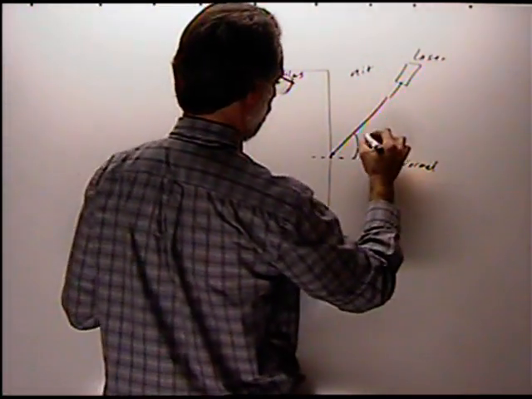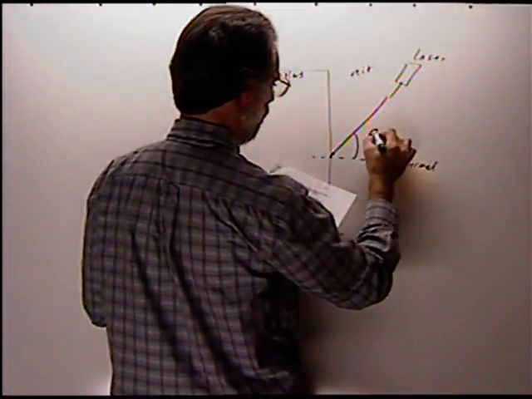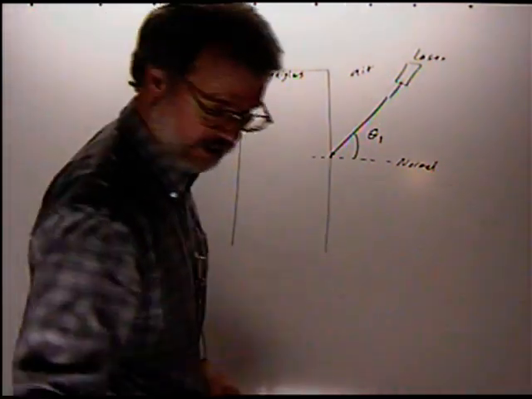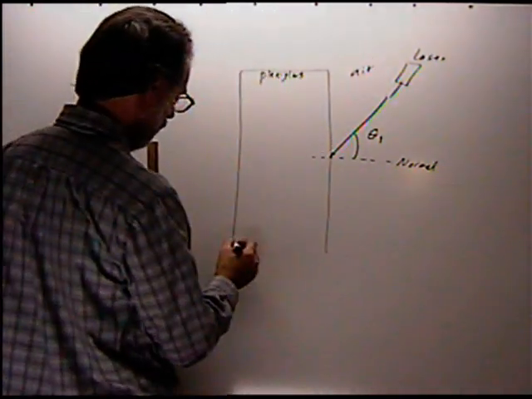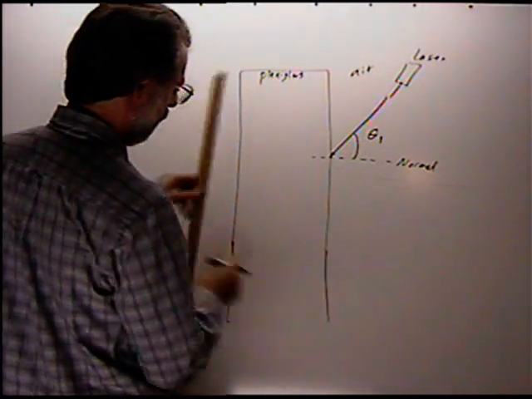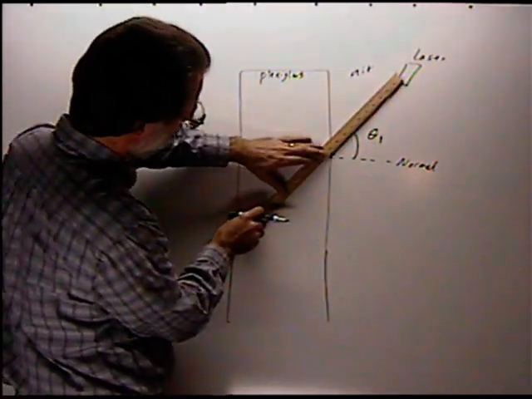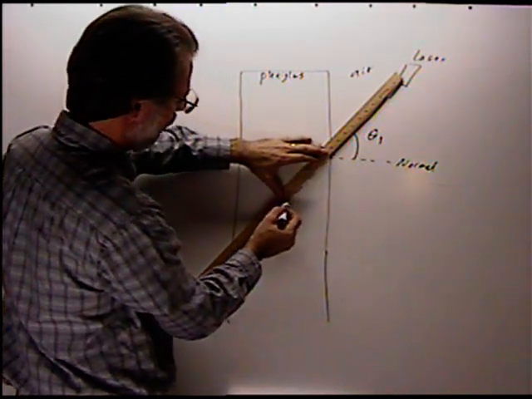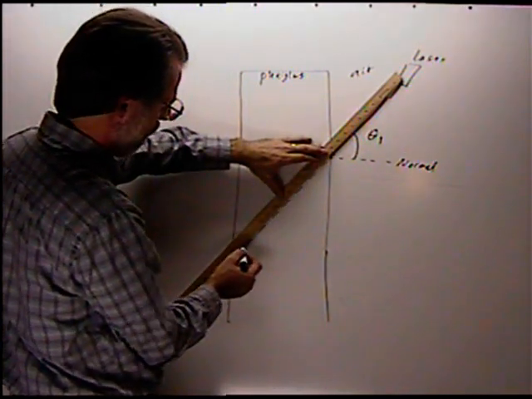We're calling this theta 1. Now the ray would normally go right through if the plexiglass were not here. So I'm going to draw as a dotted line the ray going right through.